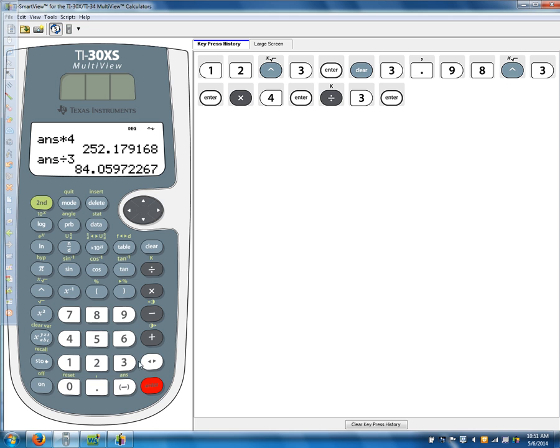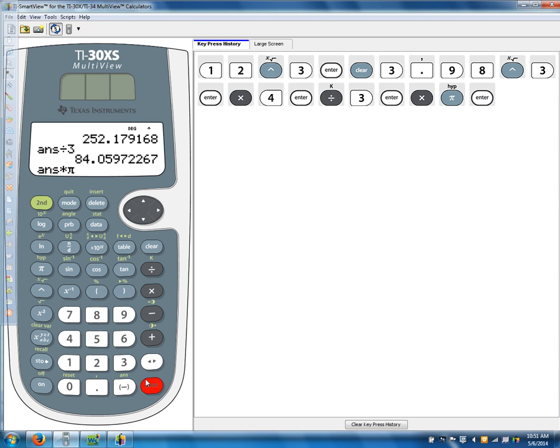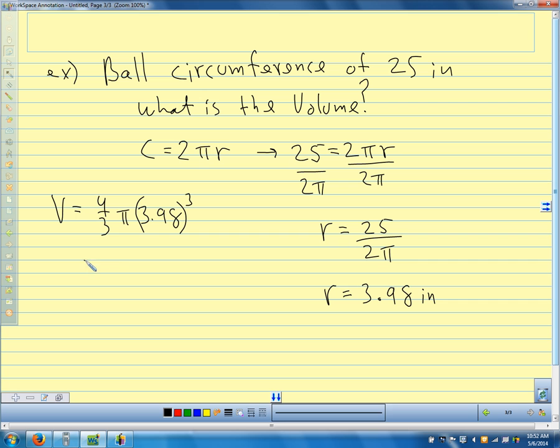And then I need to multiply by pi. So let me see, where on this calculator is my pi button? Do I have a pi button? Right there. Times pi. And I get 264.1, essentially. So my volume is 264.1 cubic inches. Cube 3.98, multiplied by 4, divided by 3, and then multiplied by pi.